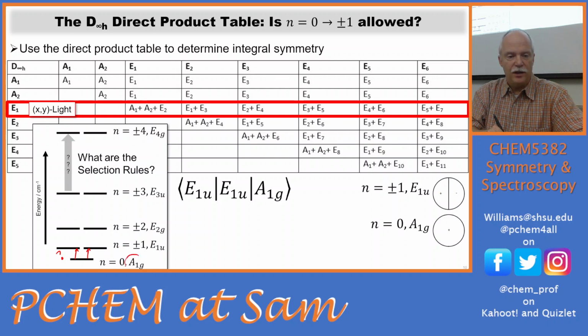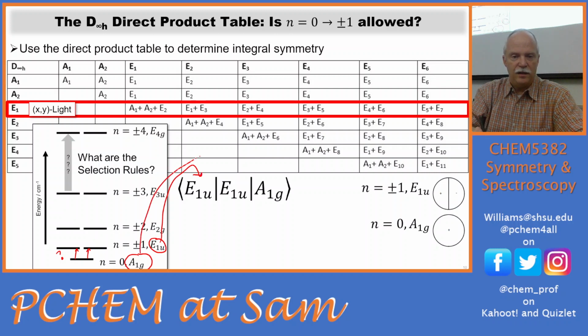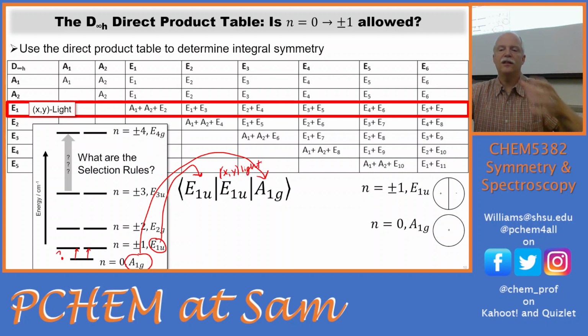All right, so here we're checking this A1g to E1u. So the A1g goes here, and this is light. We can think of this ring and light coming in in the same plane as that ring, and can it cause this transition to occur?